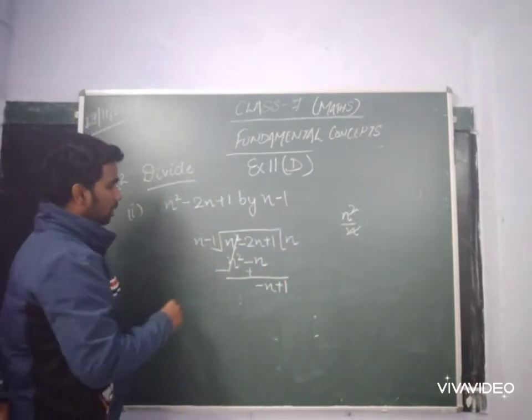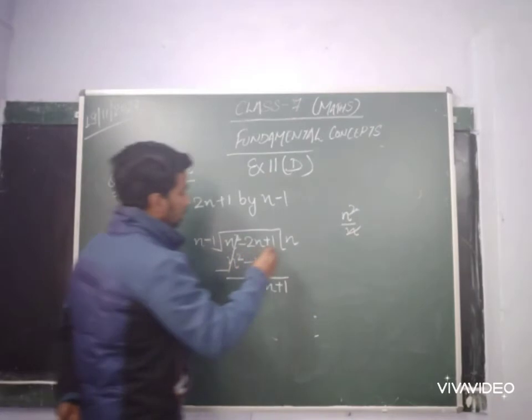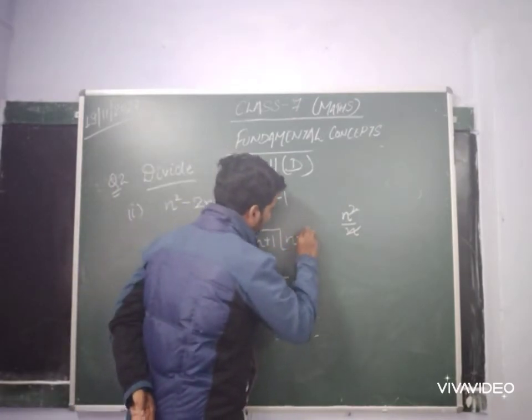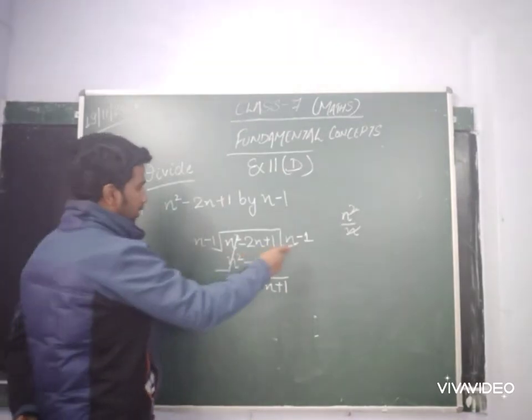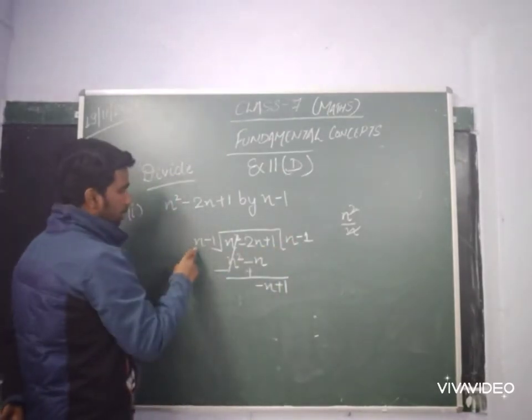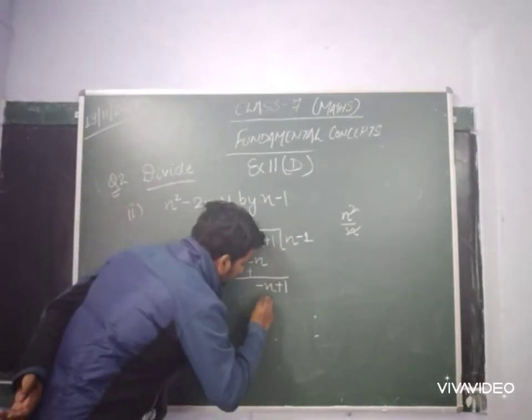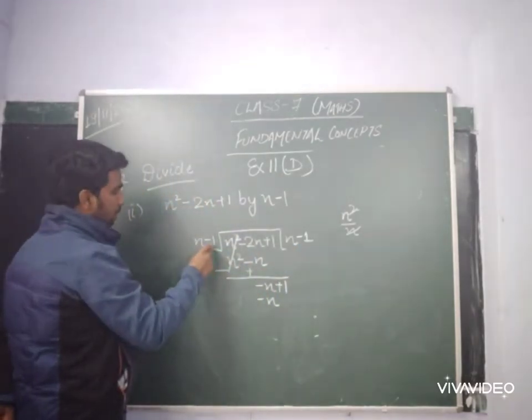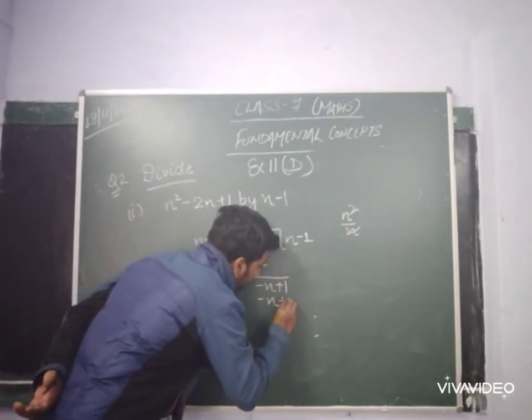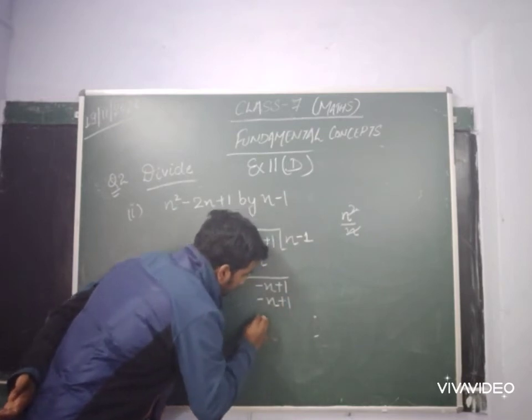Now what we have to do? We will again take minus 1. Okay? And when 1 is multiplied with n, we will get minus n, and when minus 1 is multiplied with minus 1, we will get plus 1. Okay, now do the subtraction.